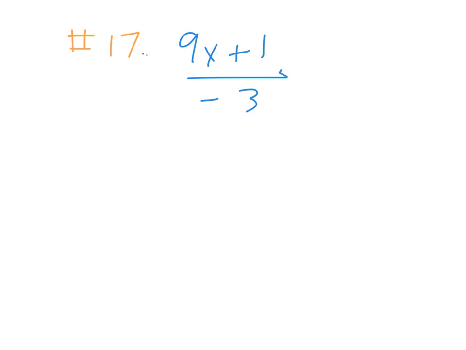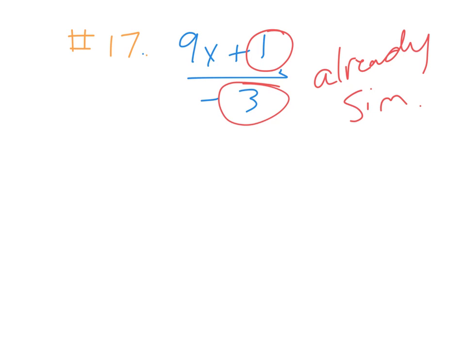Okay. Still on the quiz, this is number 17 on page 118. We have 9x plus 1 over 3, negative 3. And this is already simplified because the term 1 is not divisible by 3. So we can't go any farther. It's just like the one I showed you earlier.